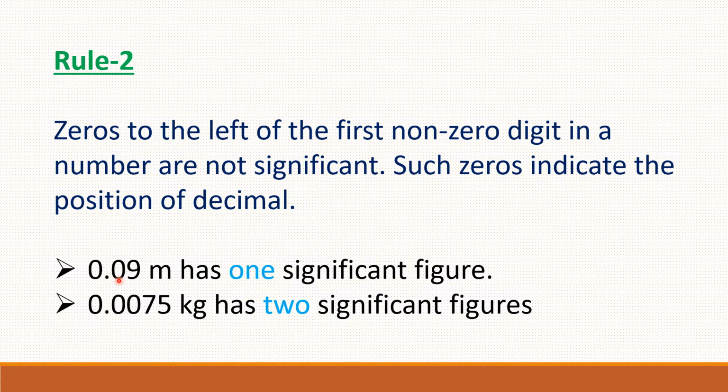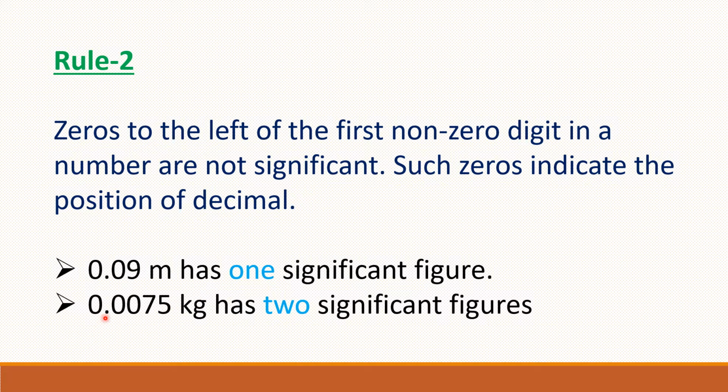So these two zeros are not considered as significant. They are used to show the position of the decimal point only. So in this 0.09 meter, it has only one significant figure.